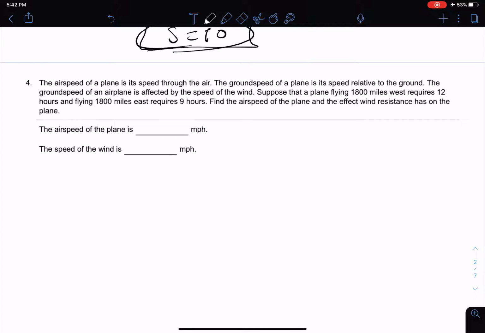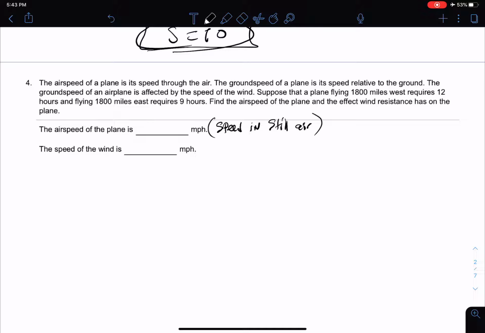There's the speed that the airplane could generate with its little propellers, plus the wind blowing it. That's where it gets a little bit confusing. So most authors would say speed in still air, just so we know it's without the effects of the wind. Okay, so that's what we're looking for.